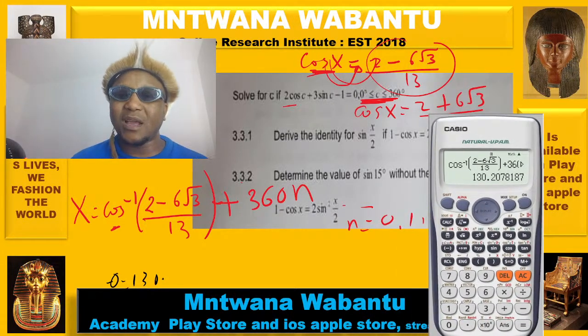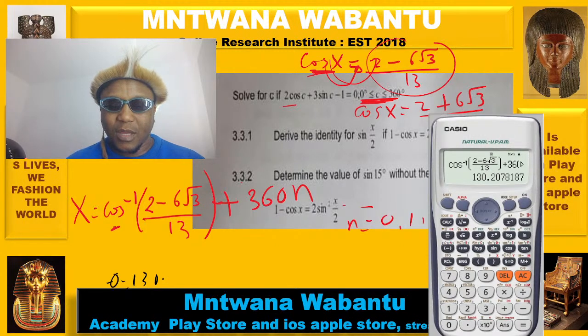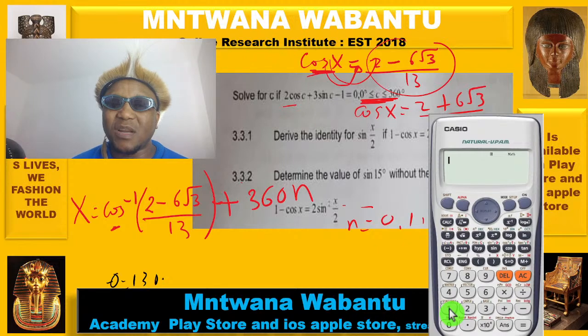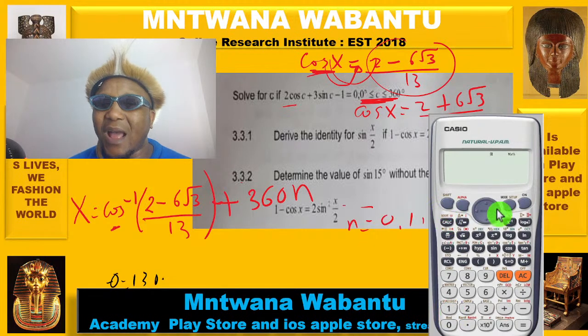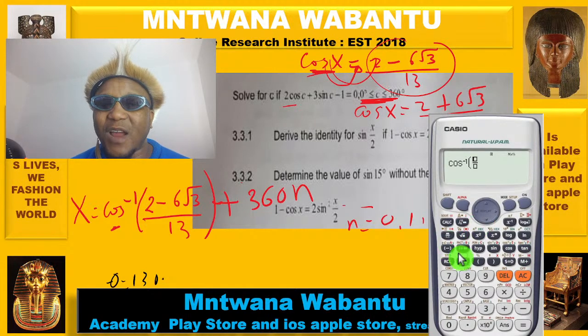Let me do it again. To clear the calculator, which I didn't show you, press mode and then number 1. That clears your calculator. Then I go shift and then cos, then fraction, 2, minus 6, square root of 3, and at the bottom press 13.